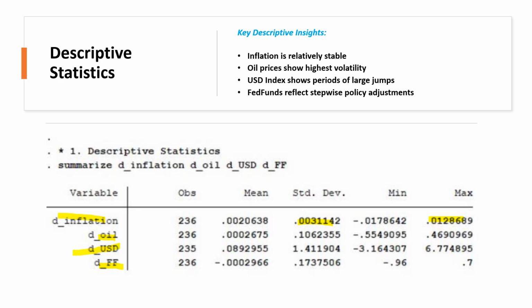Whereas if we go about oil, the standard deviation is higher, and if we take three times the standard deviation and the mean, the maximum and minimum values are even beyond this range. So there are definitely some outliers, or we already expected that the change in oil prices is going to be a volatile variable in this analysis.